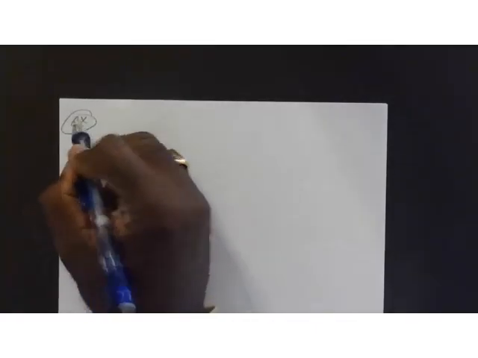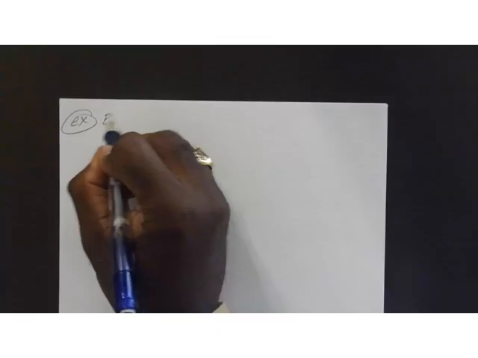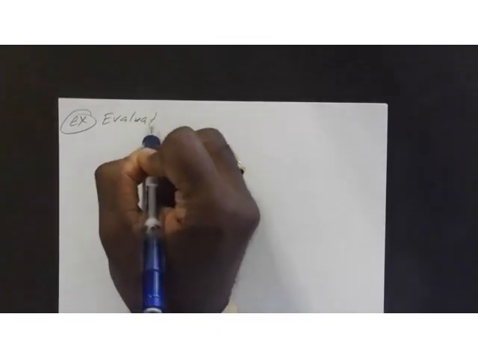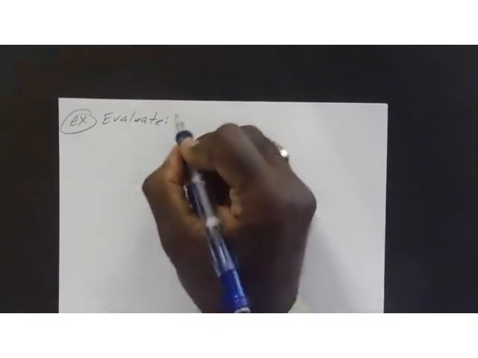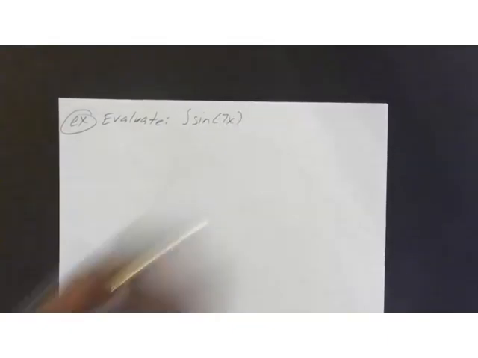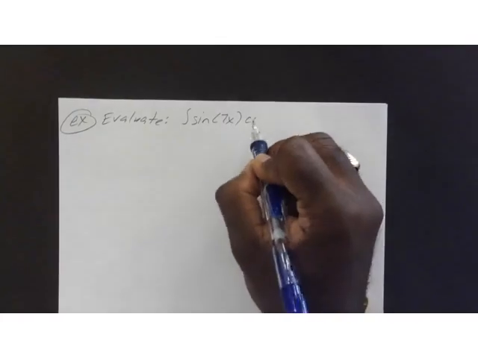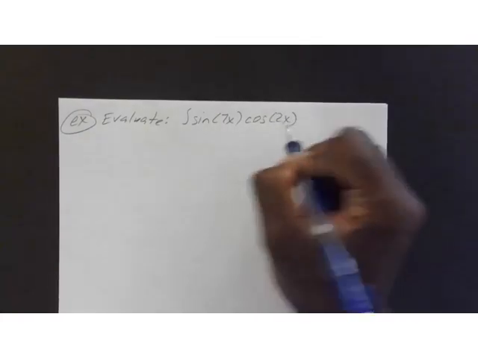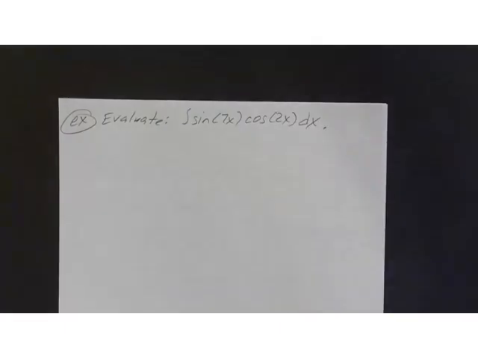So let's say, for example, if we wanted to evaluate the integral of sine of 7x times cosine of 2x with respect to x.